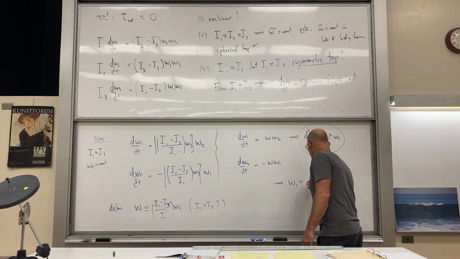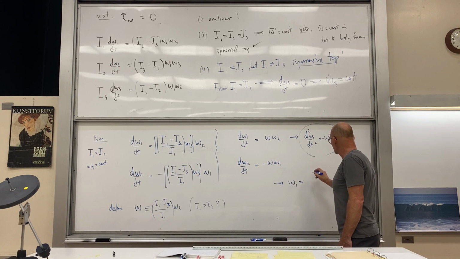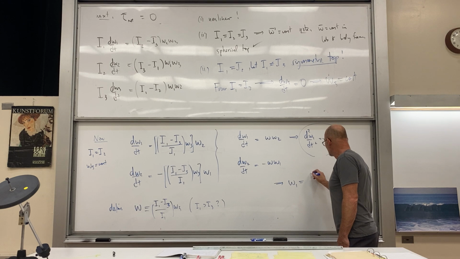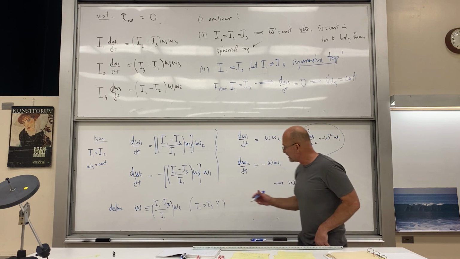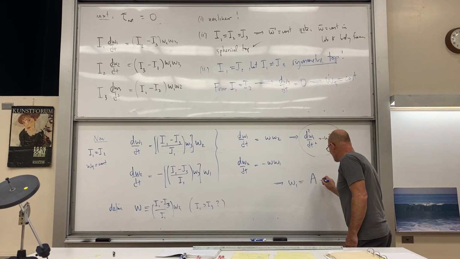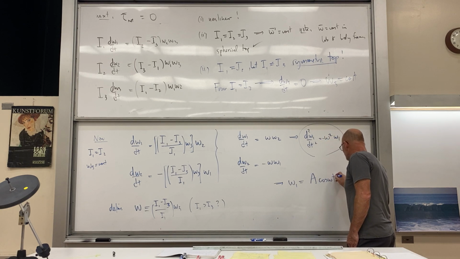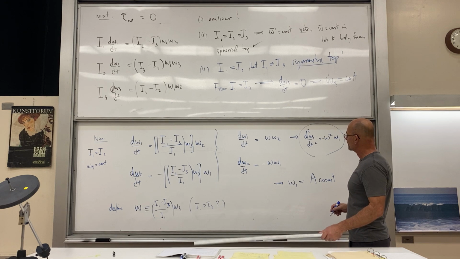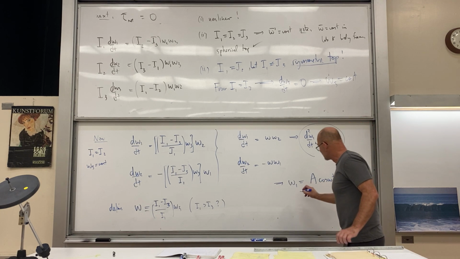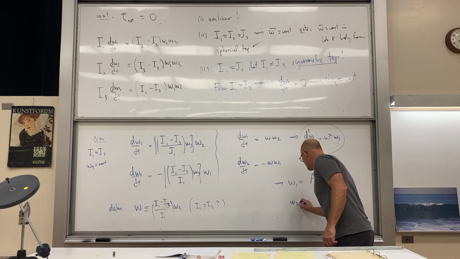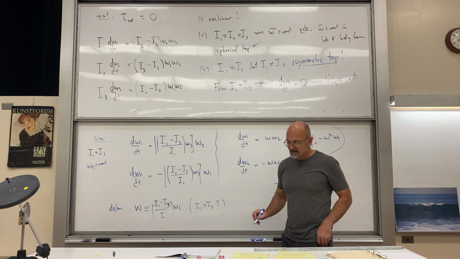So omega 1 is equal to, I'll just use some letter here, A cos omega t. And then omega 2 is just going to be A sine omega t.